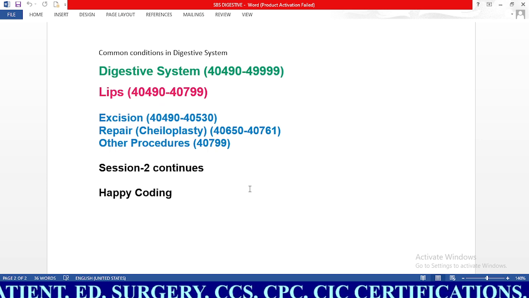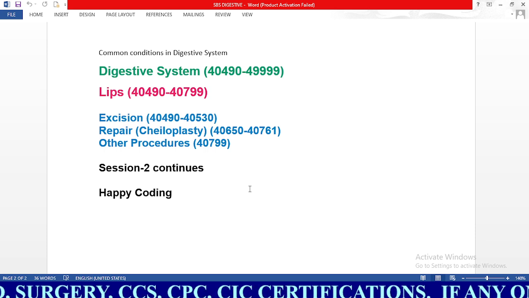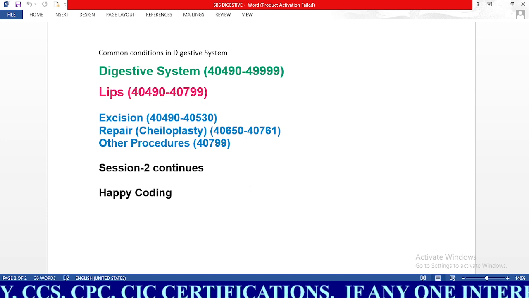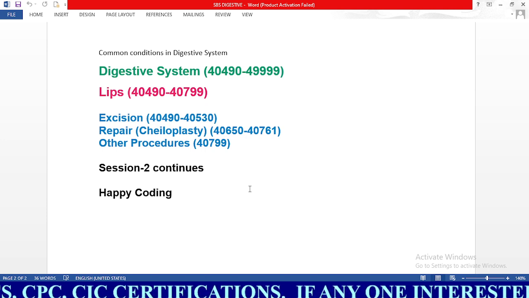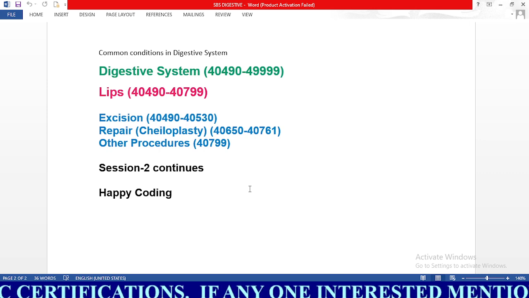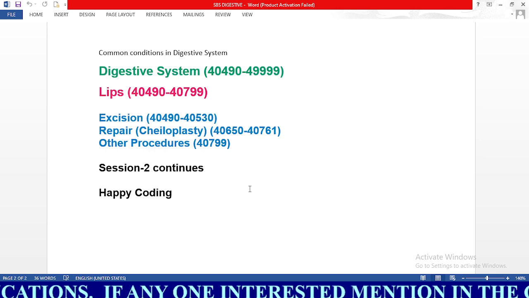Whenever we code lip procedures, we need to know the anatomy of the lip. Also, while coding reconstruction using flaps or grafts in lip procedures, you may find keywords like Abbe-Estlander type. You need to find those keywords.